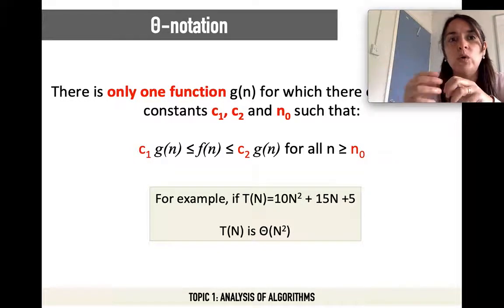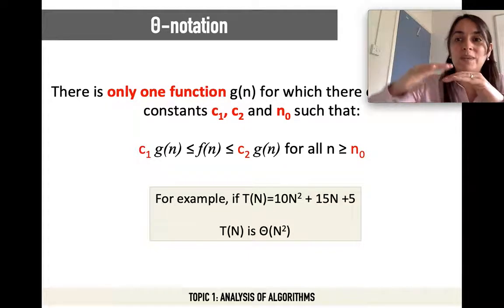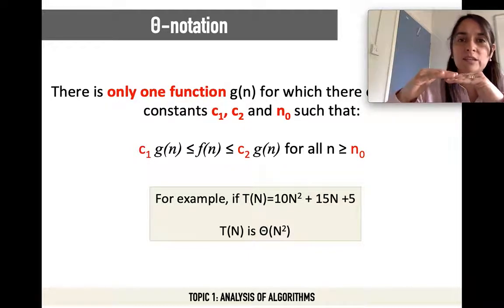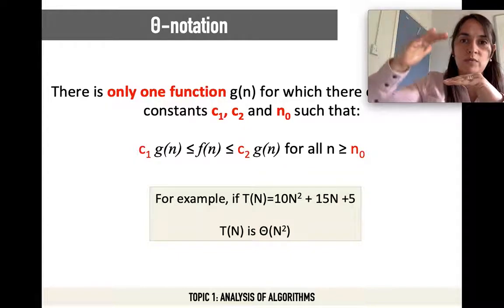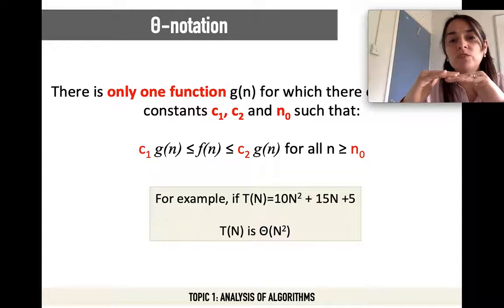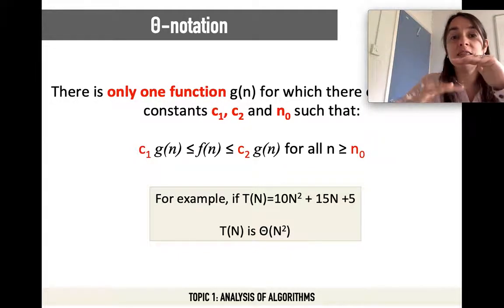Unlike big O or omega, which refer to a set of functions, big O refers to a set of functions that are over our function, and omega refers to a set of functions that are under our function. Theta is much more precise because it refers to a function that somehow sandwiches our function. So that's the end of asymptotic analysis, and that's the end of our videos for this topic.